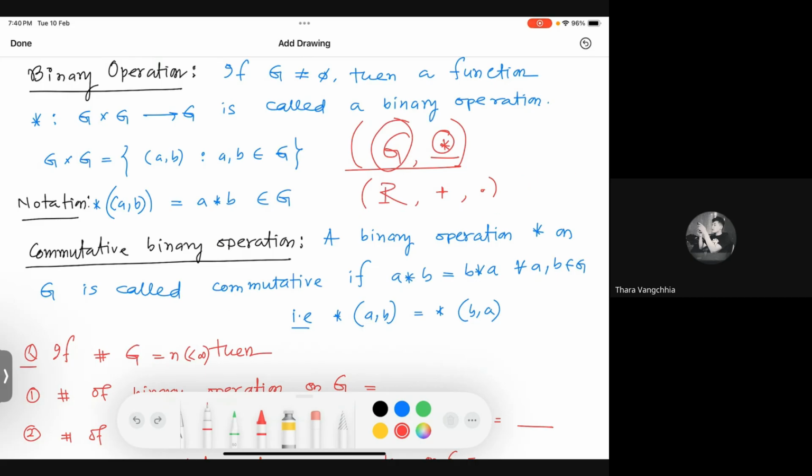Similarly, in linear algebra, we see a set V, which is a non-empty set, and we need a field structure. So we need actually two sets. For a field, we already have two binary operations. So for a vector space, we need a binary operation and we need a scalar multiplication.